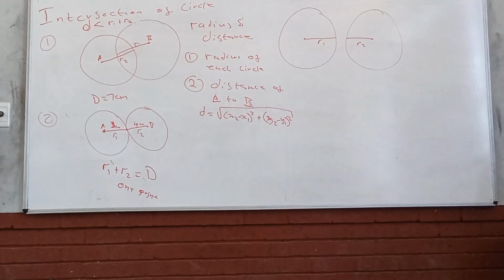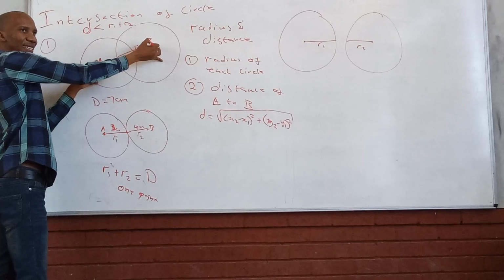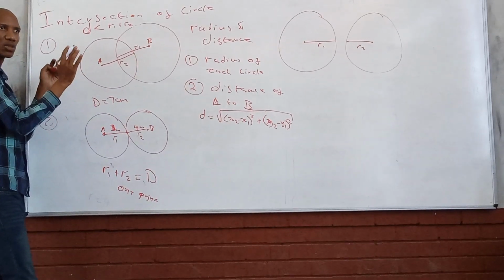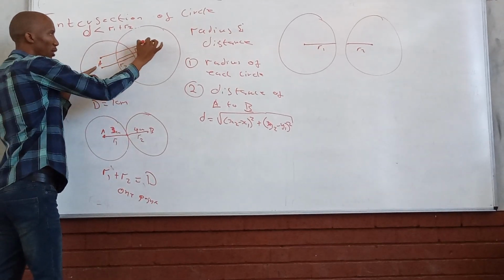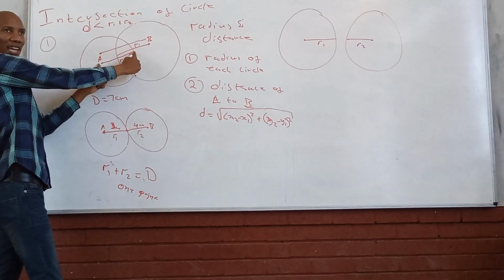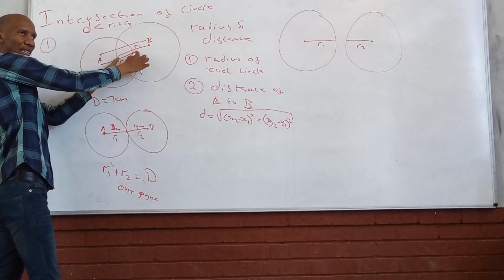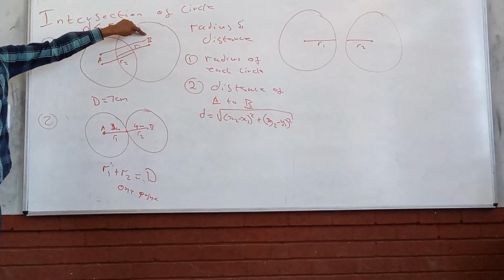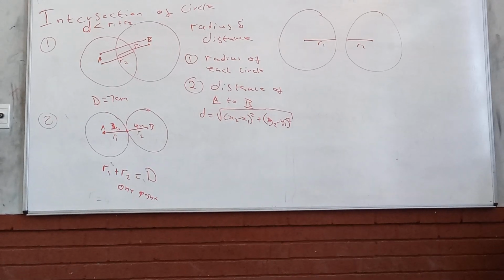Graphically, the distance from A to B is shorter than R1 plus R2.